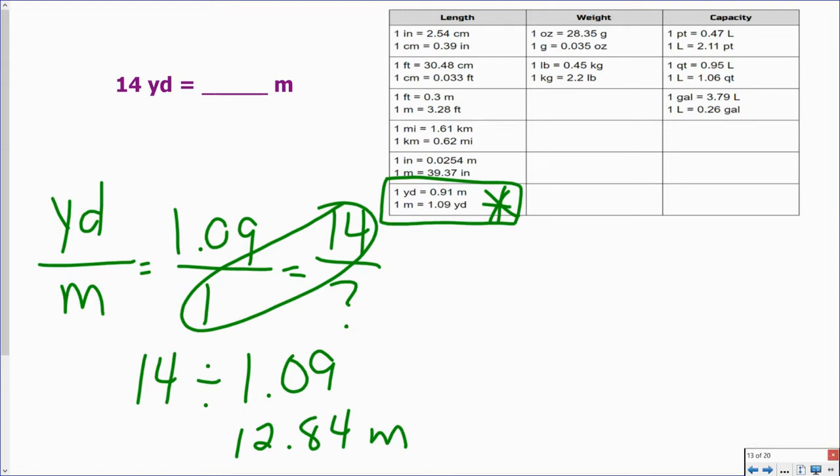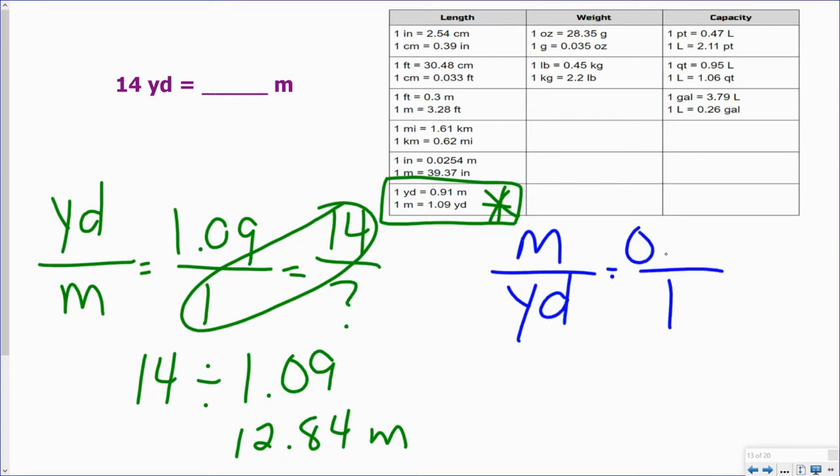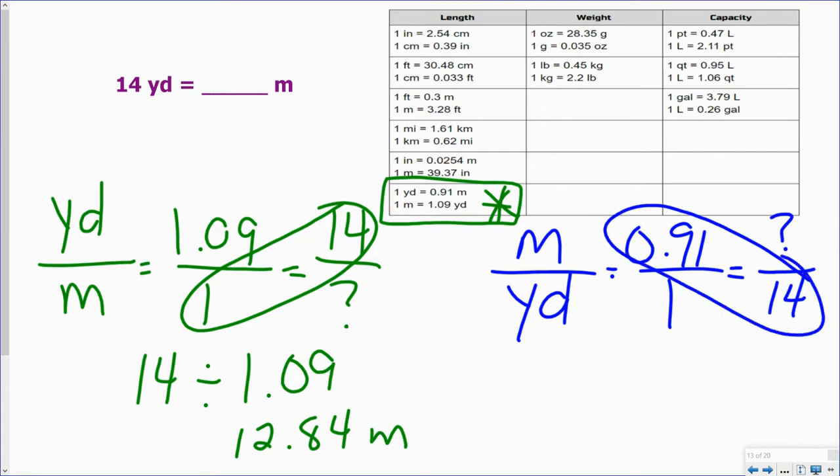And then if I switch to the other way of converting, where I'm using my 1 yard, that means I'm going to have my meters to yards. And that gives me 1 yard here and 91 hundredths meters. Still looking for the number of meters, but this time my 14 is going to go here, cross multiply.